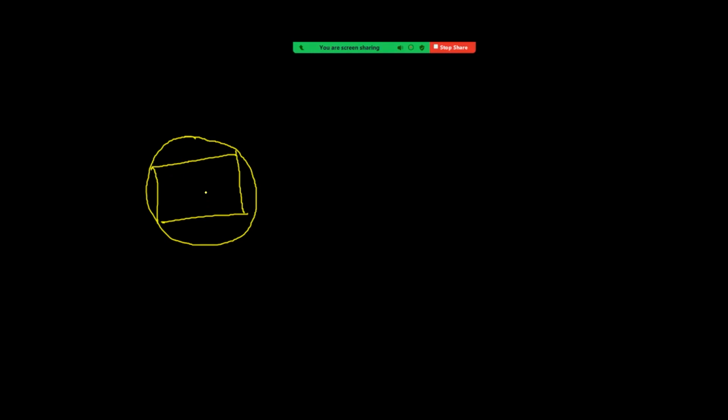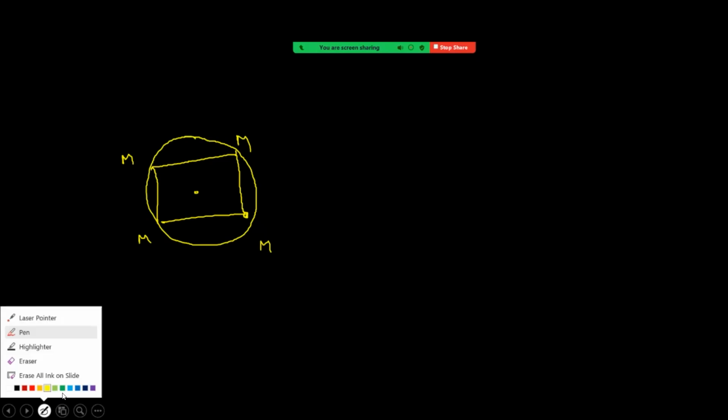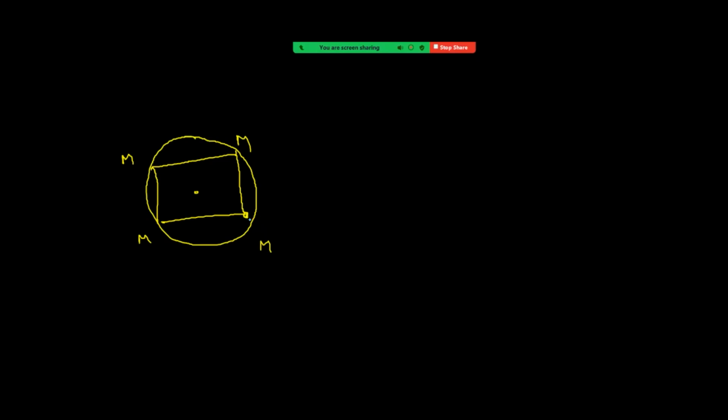This is one square. Masses m, same masses. If you focus on one mass, the forces acting on it: attraction like this, attraction like this, and attraction like this along the diagonal.